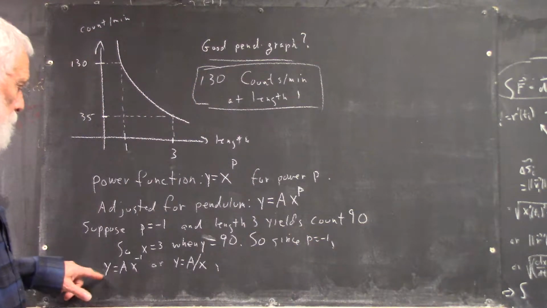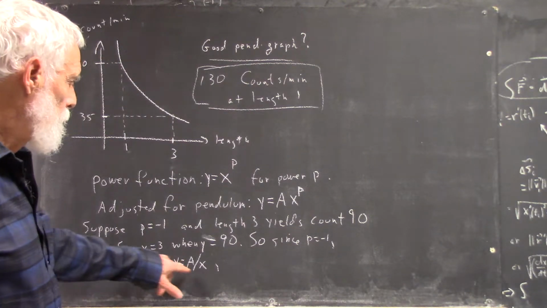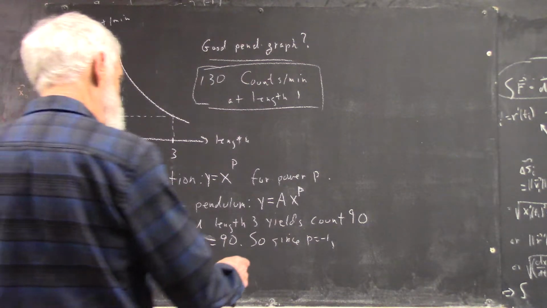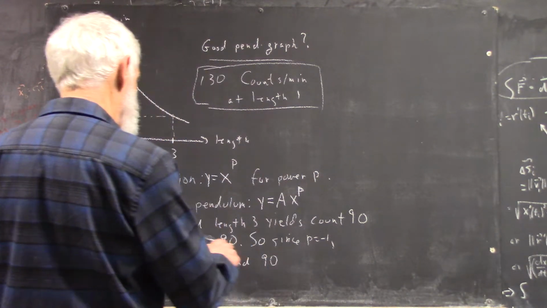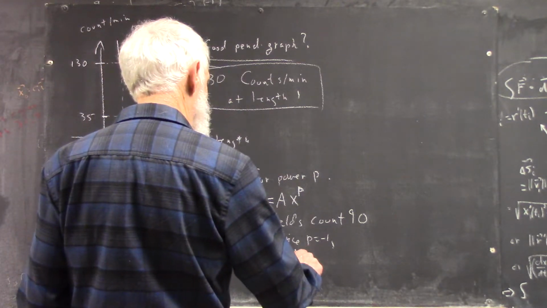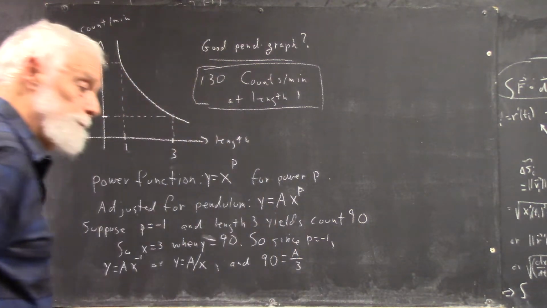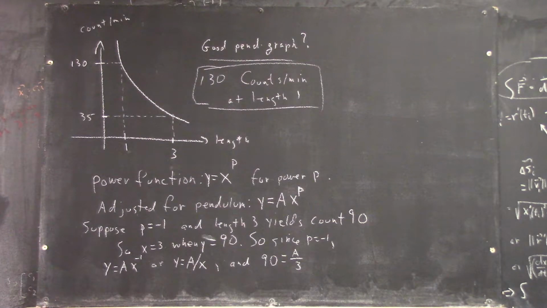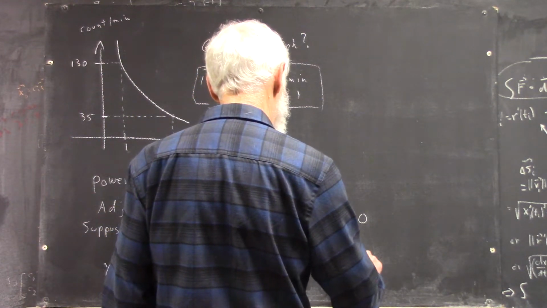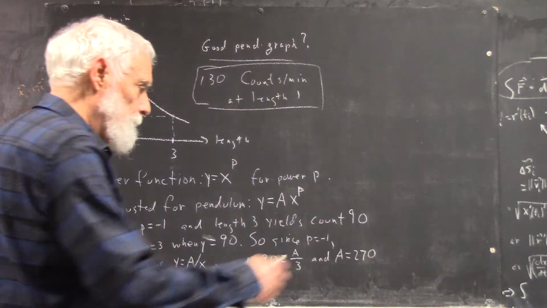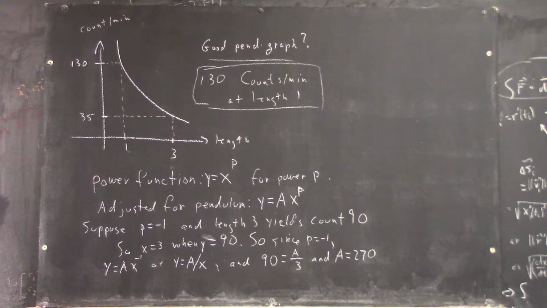And y is 90 when x is 3, so 90 equals a over 3. And we solve that easily. Multiply both sides by 3, you get a equals 270. That look okay? Everybody all right with that?